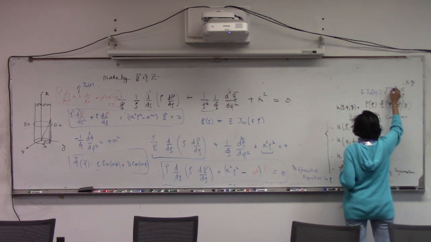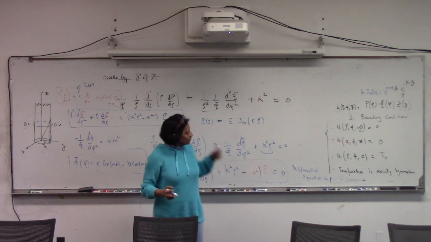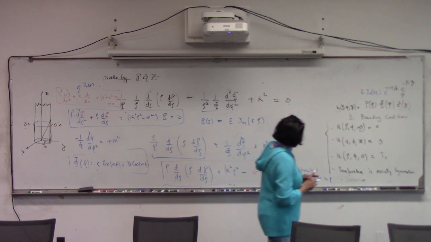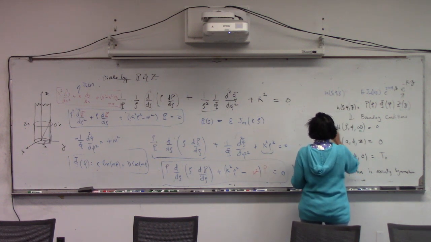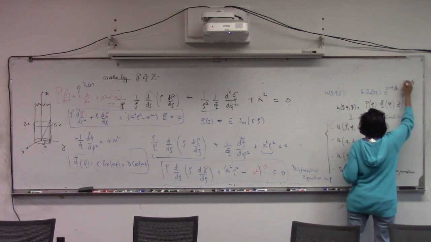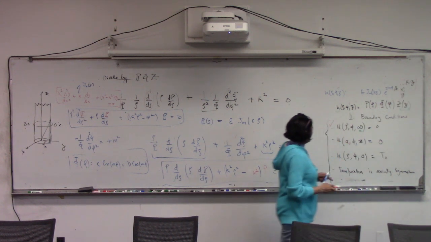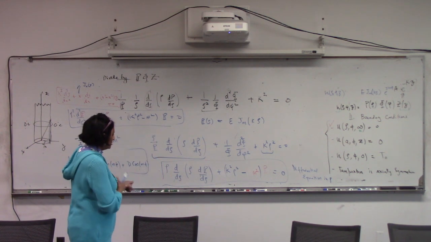The shorthand notation I'm using is sine m phi, cosine m phi. I'm just going to call it something of that nature. This is what it looks like without applying any boundary. We applied only one boundary condition, which gave me this. But I have to further use many things at this point.